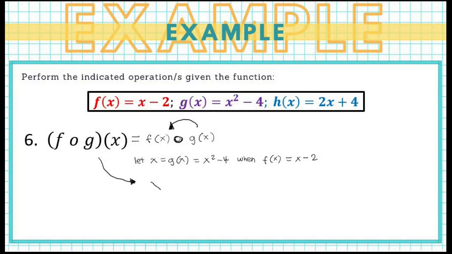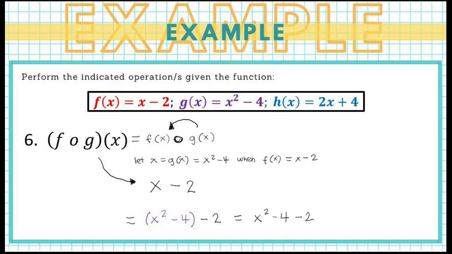So now we'll have x minus 2. This is the value of f of x, and all x's here will become g of x. So x will become quantity x squared minus 4, minus 2. Then we simplify. We can now remove the parentheses and we can simply write it as x squared minus 4 minus 2.